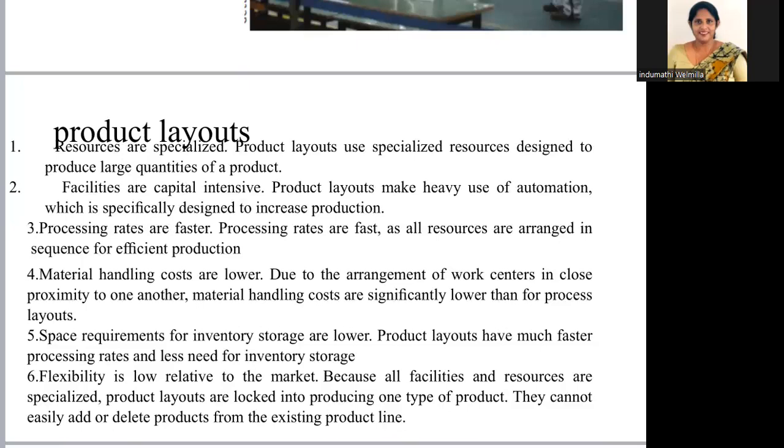Space requirements for inventory storage are low. Product layout has a much faster processing rate and less need for inventory storage. Required inventory storage is low because the product has a faster processing method.